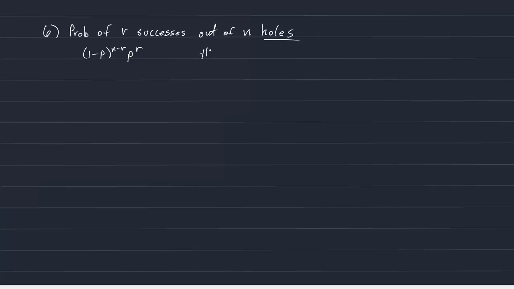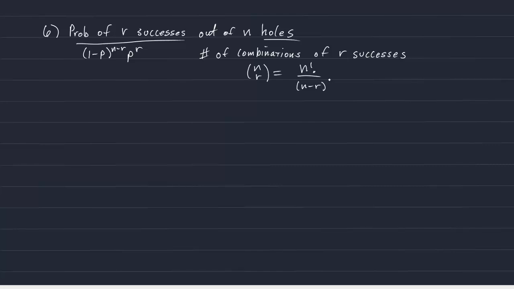So the number of possible combinations of r successes is given by our combination equation. And that was written n over r, and the equation is n factorial divided by (n minus r) factorial, divided by r factorial.